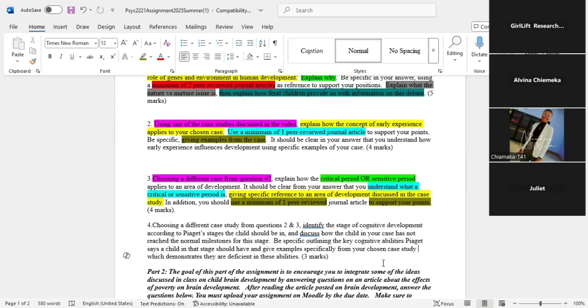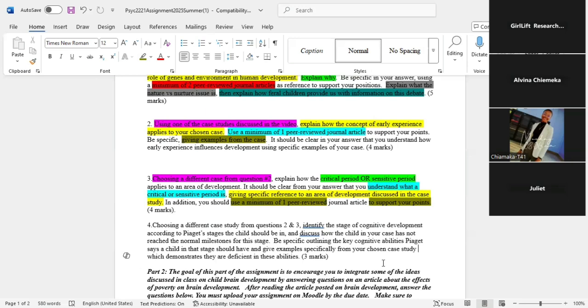Be specific, outlining the key cognitive abilities Piaget says a child in that stage should have, and give examples, specifically from your chosen case study, which demonstrates they are deficient in these abilities.